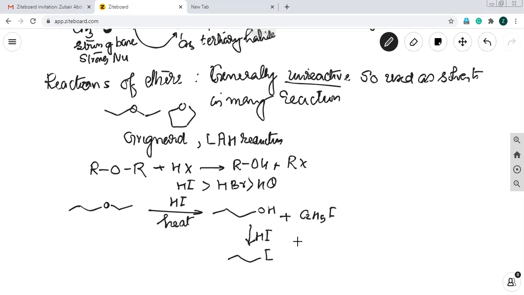So these are ethers. And then we have another class of compounds which are called crown ethers.